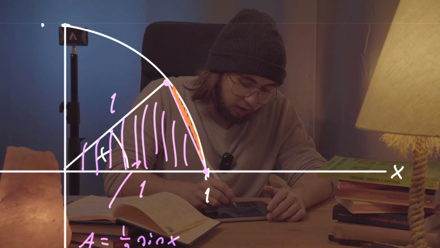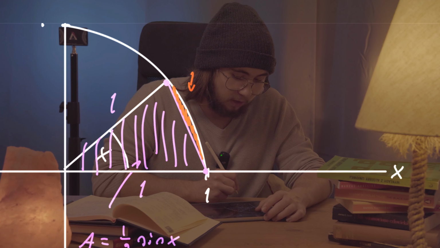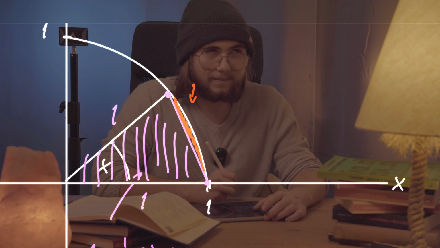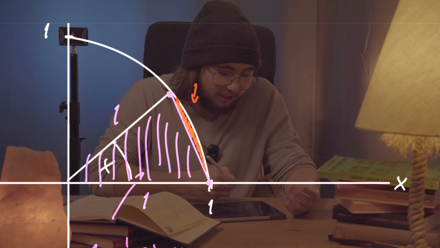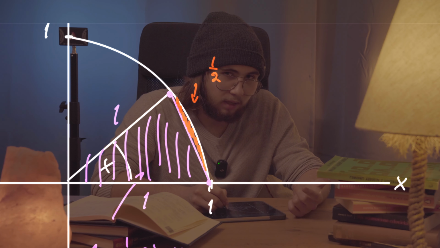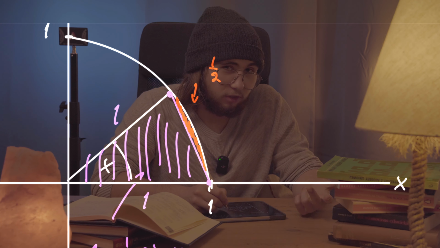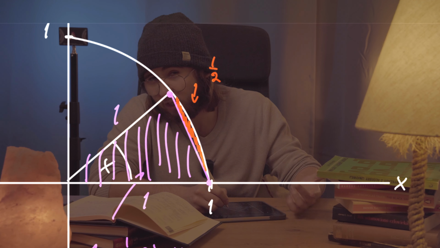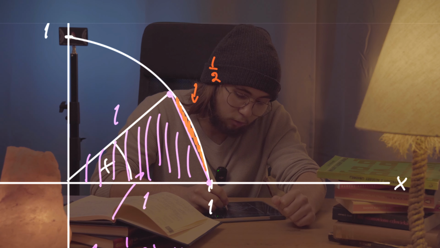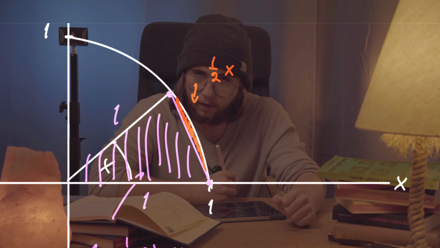And what's the measure of this orange area? Because x is in radians, it's a half multiplied by the radius squared, but the radius squared is just nicely 1, and then multiplied by the measure of x in radians, so it's just 1/2 of x. Lovely.